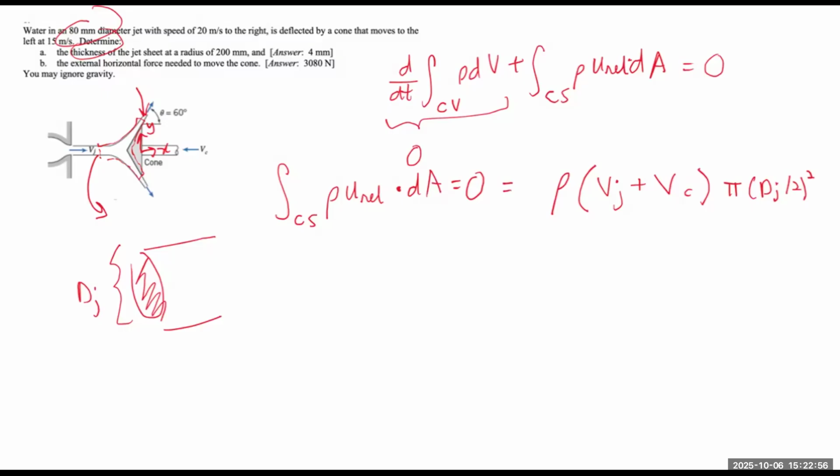Actually, it's going to be negative, since this surface area is pointing outwards and is opposite the direction of flow of Vj. Because this is a dot product, if the arrows are pointing opposite each other, the angle between them is 180, and cosine of 180 is -1, which makes it negative.